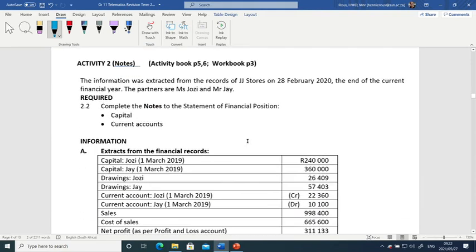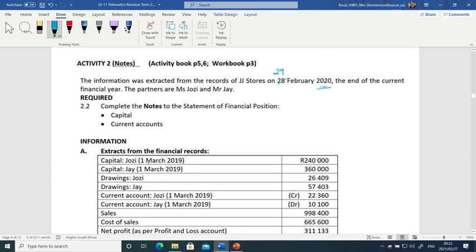Still the same information, still the same mistake, not the 28th of February, but the 29th, because it's a leap year. Partners Josie and May, but now we have to show these 2 notes.